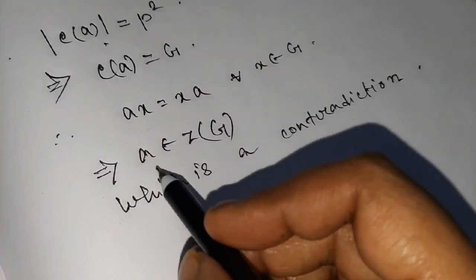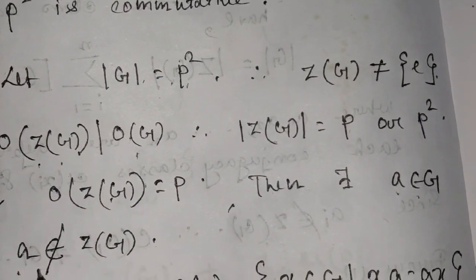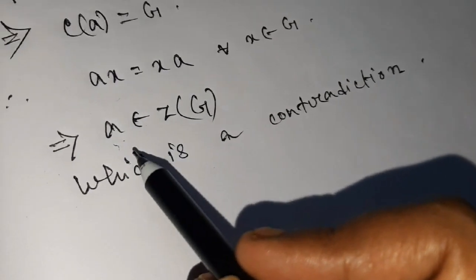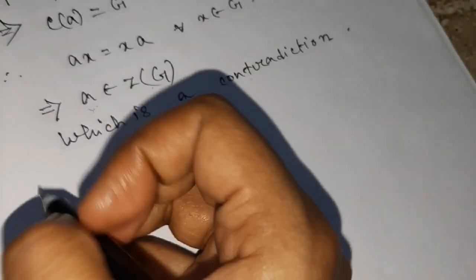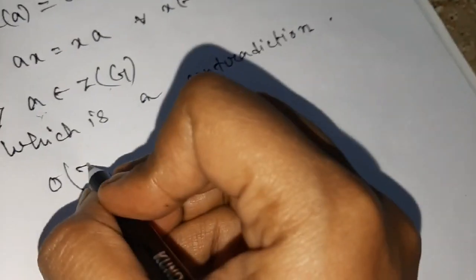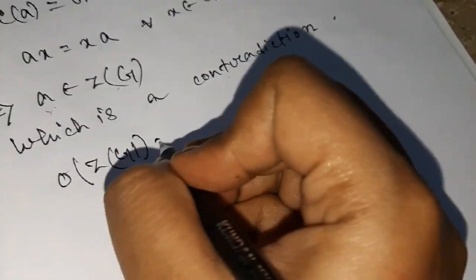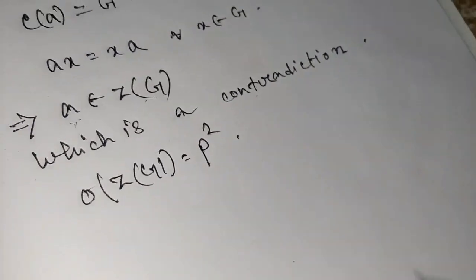Okay, that means we have already assumed earlier that A is not in ZG, but we have reached the case where it shows that A belongs to ZG. So it's a contradiction, and this contradiction is due to the assumption that the order of ZG equals P. So therefore the order of ZG equals P square.